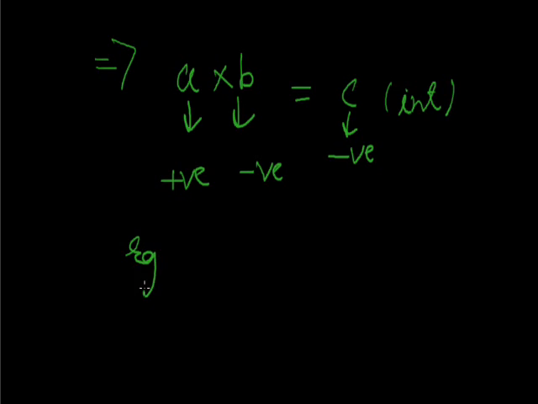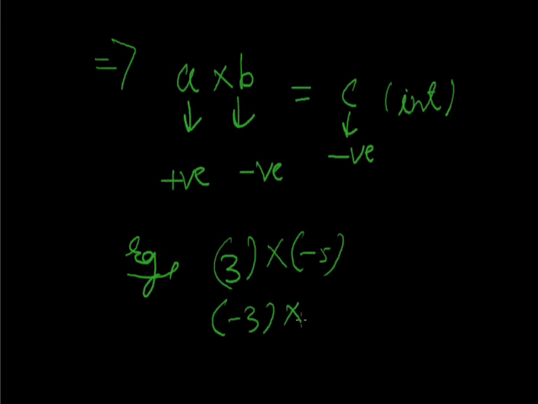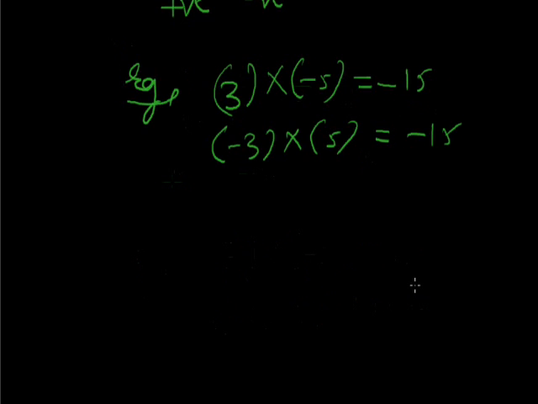For example, 3 multiplied by minus 5 or minus 3 multiplied by 5, both integers are of opposite sign and the answer will always be a negative integer. It gives us minus 15, and in this case also minus 15, which implies that if two integers of opposite signs are multiplied, then the answer will always be a negative integer.